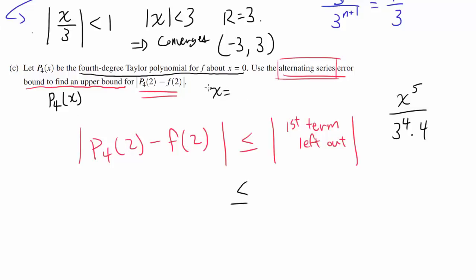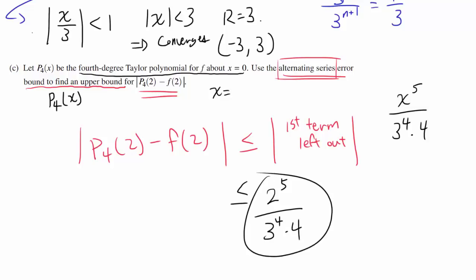So our alternating series error is less than or equal to 2 to the fifth over 3 to the fourth times 4. You can leave it as it is, or if you really want to, you can simplify it as 8 over 81. And we are done.